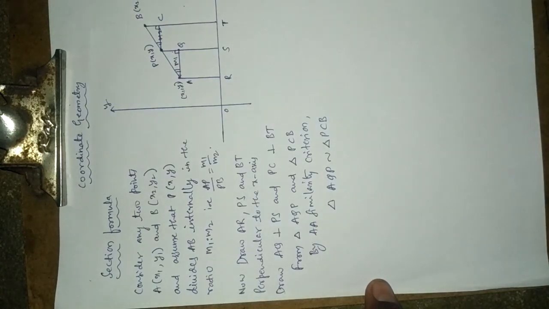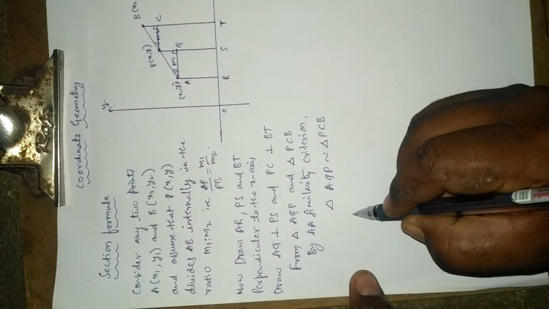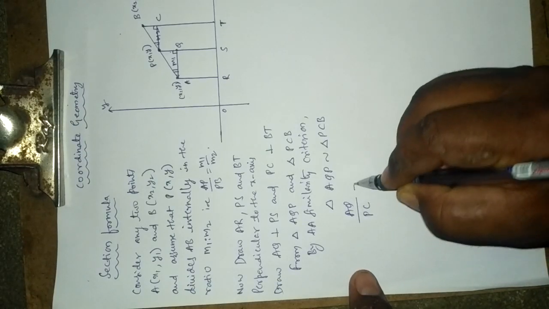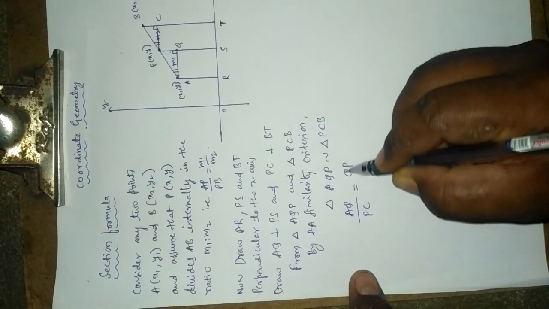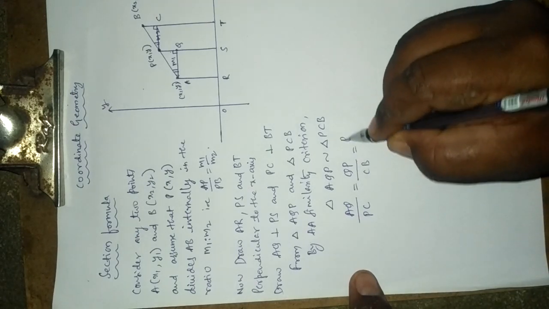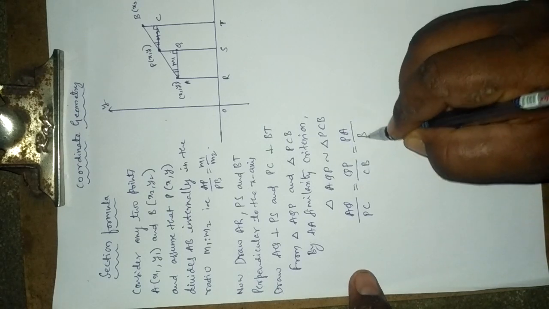When triangles are similar, we can say that sides are proportional to each other. So according to that condition, what you have to write, AQ by PC is equal to QP divided by CB, which is equal to PA divided by BP.